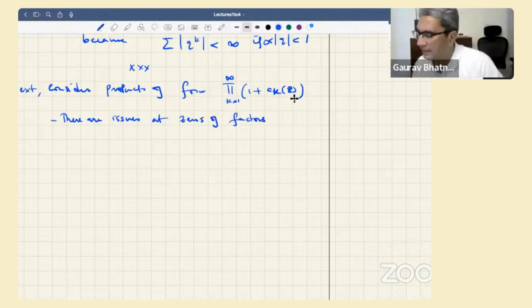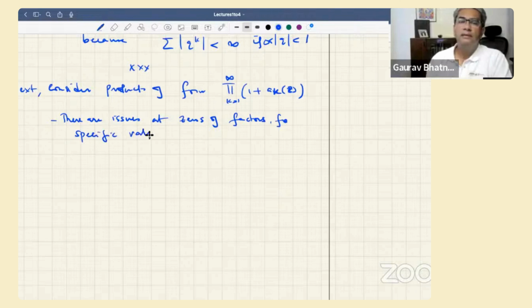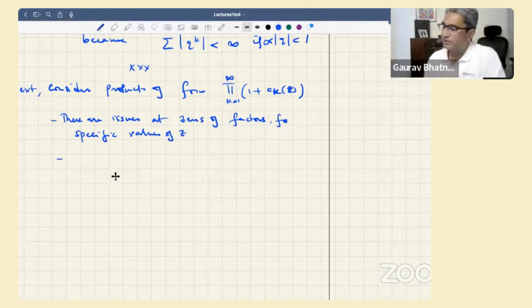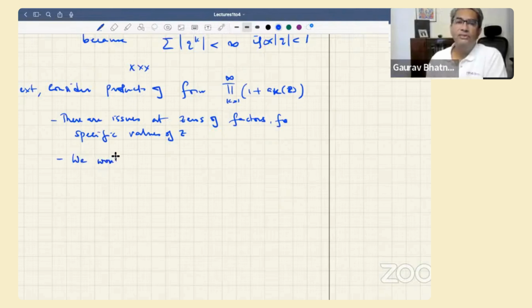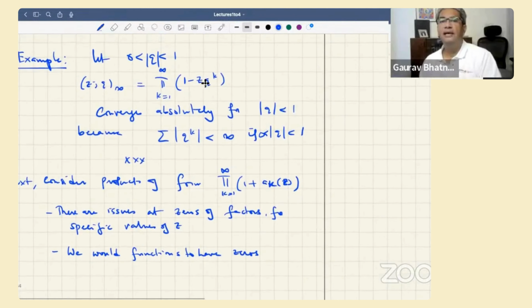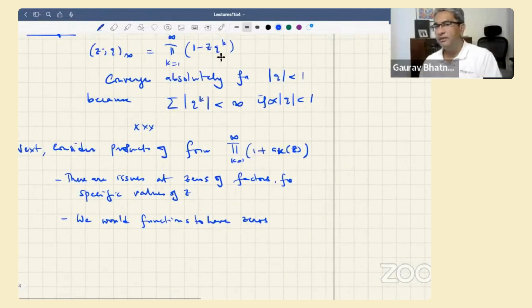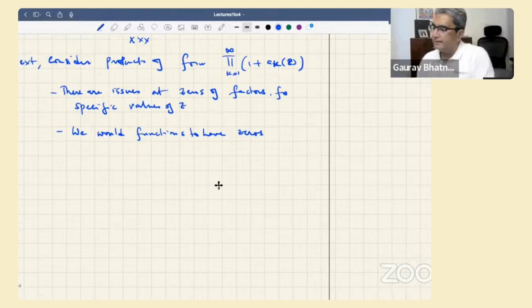There will be problems at these points, for specific values of z. We had the possibility of convergence at 0, but we would like functions to have zeros. So if you look at this as a function of z, it has zeros at points where z is equal to q raised to minus k, right?